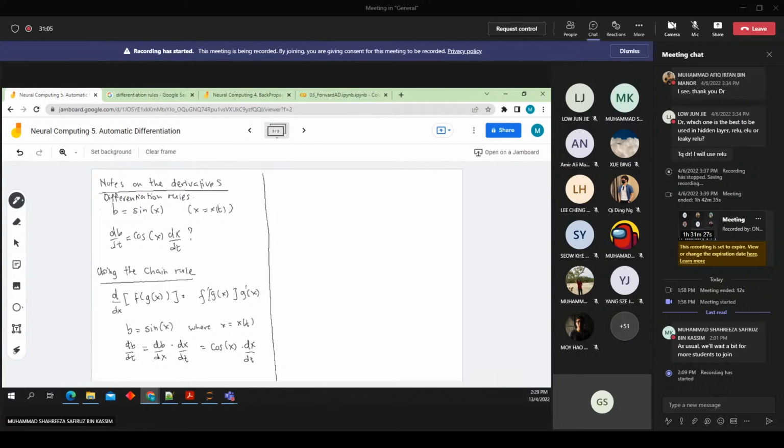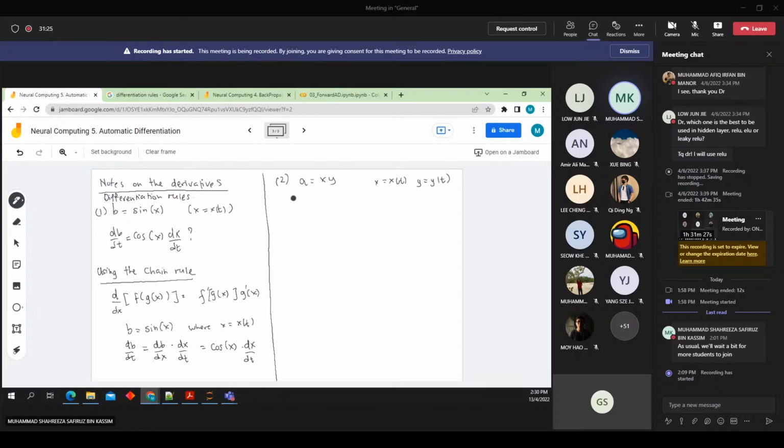How about the next one? a equals xy. x is some function of t. y is also some function of t.